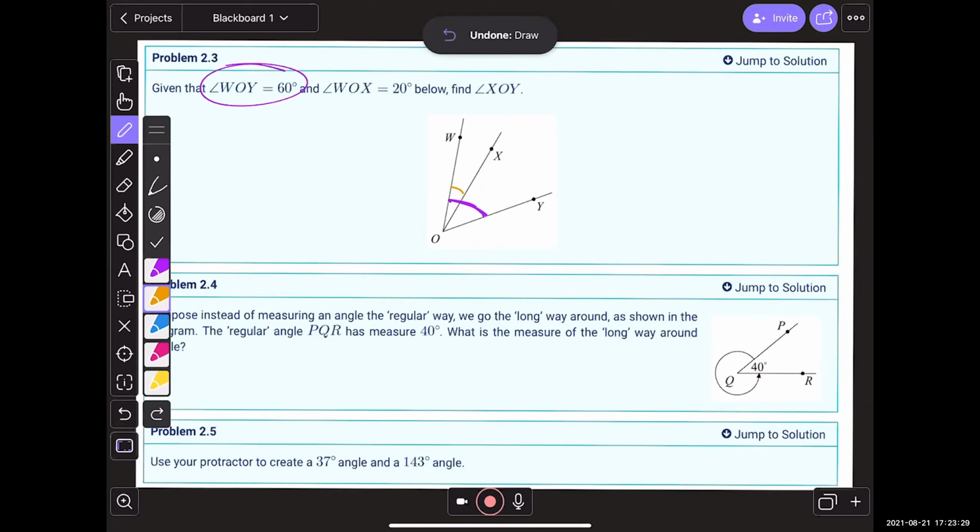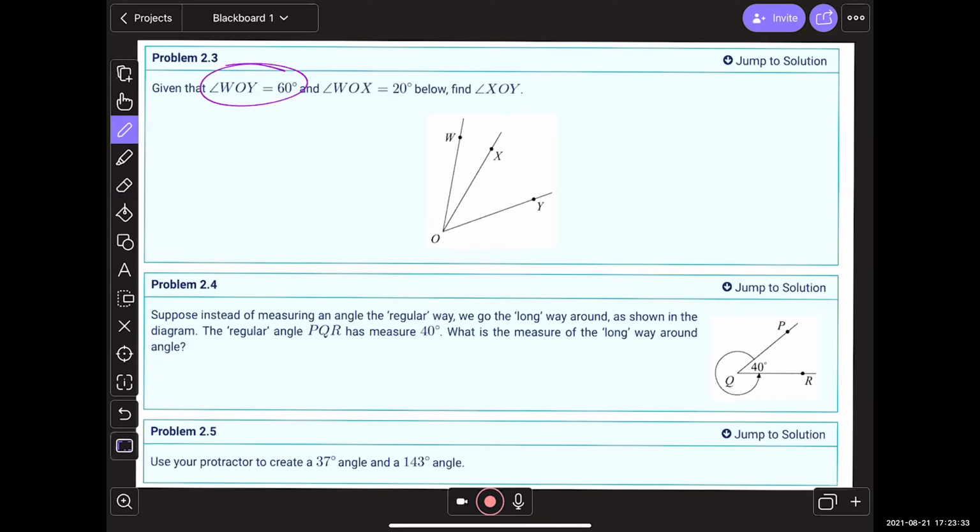Well, if two angles share a side, we call these adjacent angles. And what's important about adjacent angles is that they add up to create a bigger angle. So in this case, angle WOX plus angle XOY is equal to angle WOY. So if we go from here, we subtract WOX from both sides. That's how we get 60 minus 20 to get us angle XOY is equal to 40 degrees.